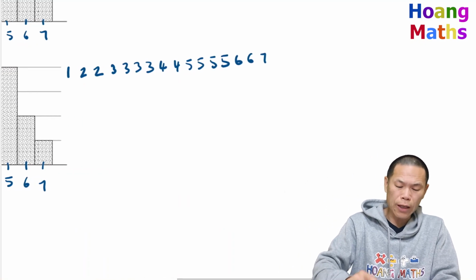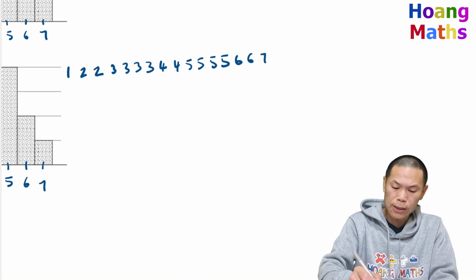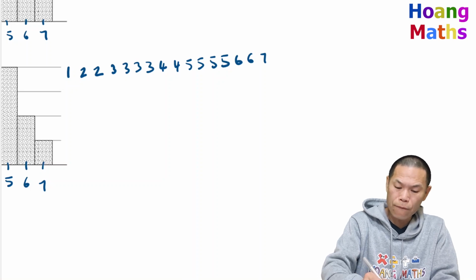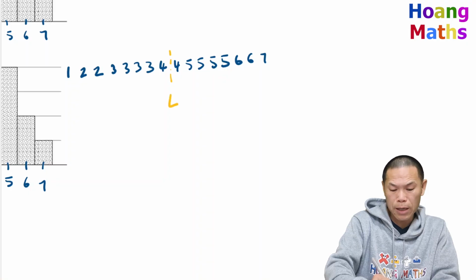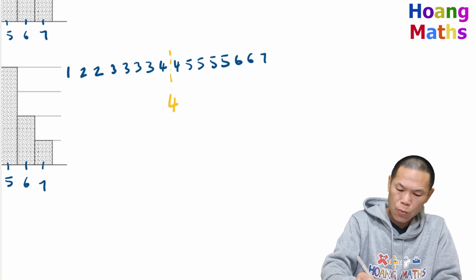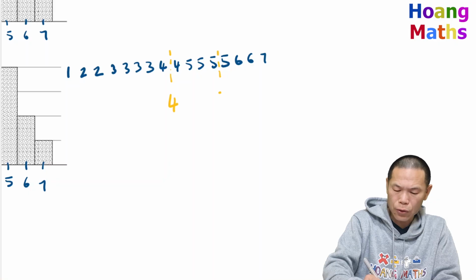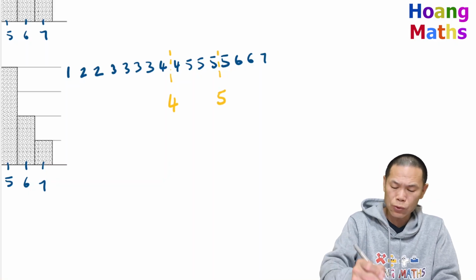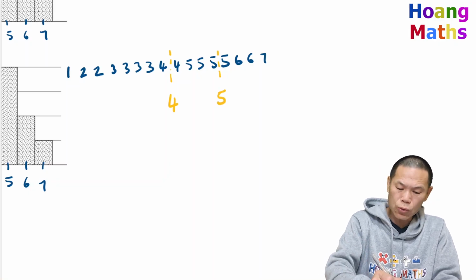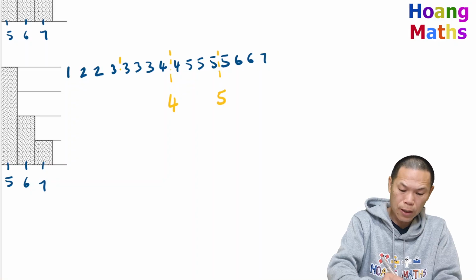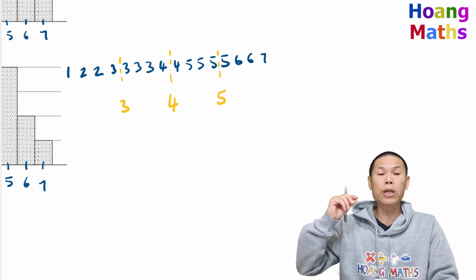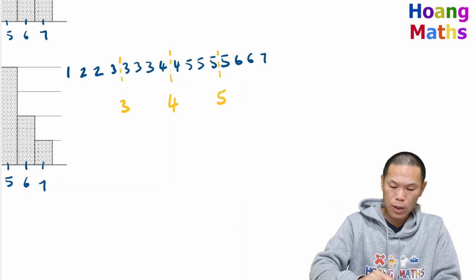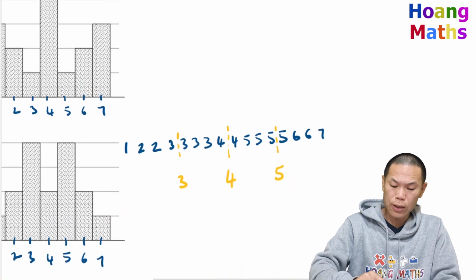So now just find the 5-point summary for this. 1, 2, 3, 4, 5, 6, 7, 8. So the median is 4. For the upper half, the median is 5, which gives us Q3. For the lower half, it's 3, so Q1 is 3, Q2 is 4, and Q3 is 5.